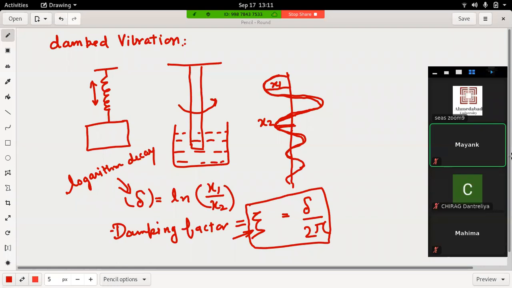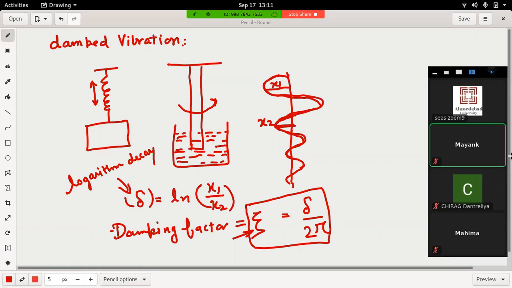For example, if we use water in the tank and if we use oil in this tank, the decay process will differ. In oil, the decay may happen faster than in water. There are certain kinds of liquid which absorb this kind of oscillation, and their performance is measured by the term damping factor.